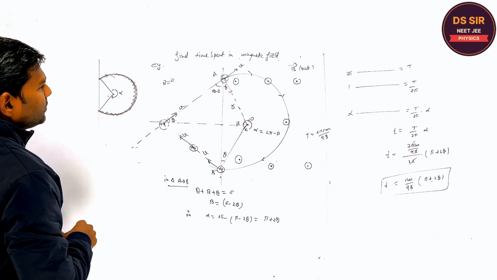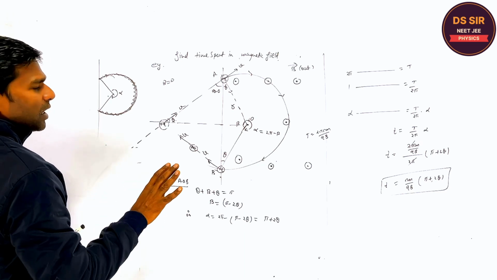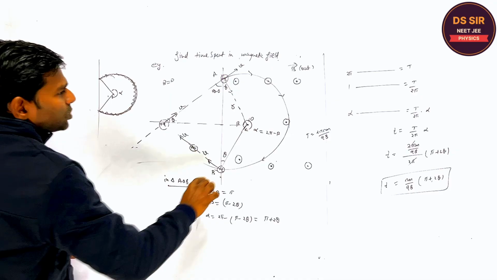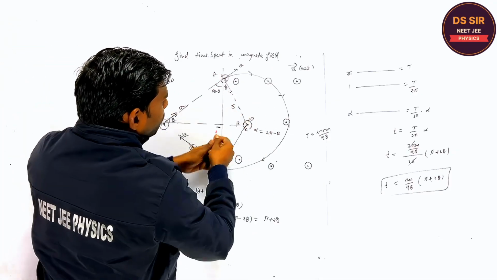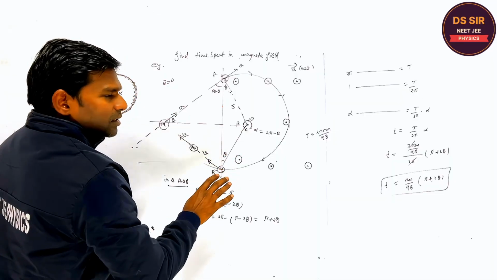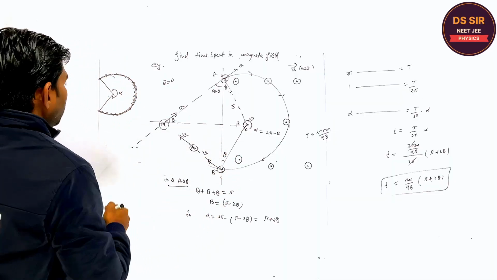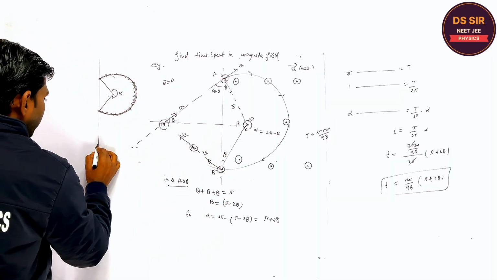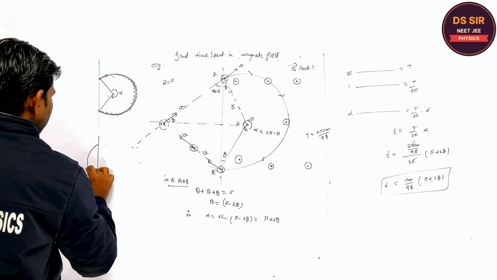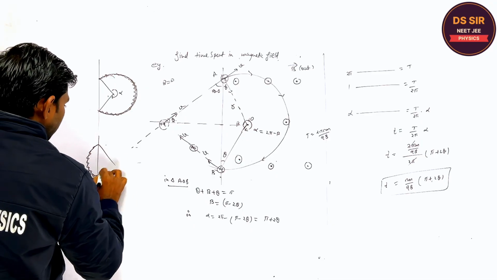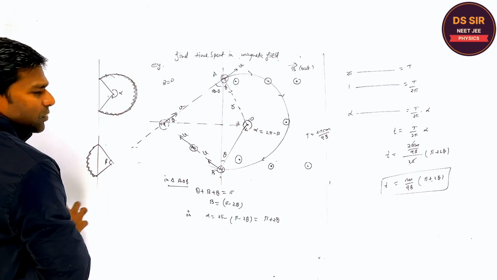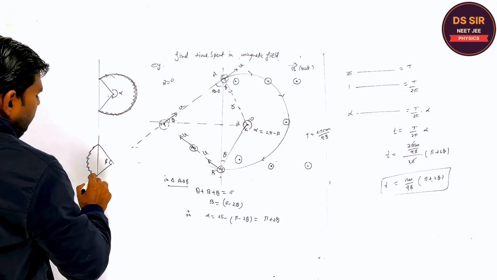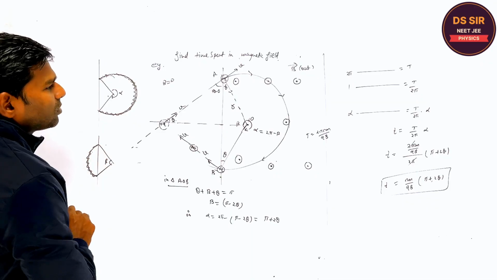Alpha. So we have to take this angle, not this angle. Is it clear or not? You have to find the time period for this small part. Suppose this is the beta, so you have to find the time for this beta from here to here. Are you getting or not?